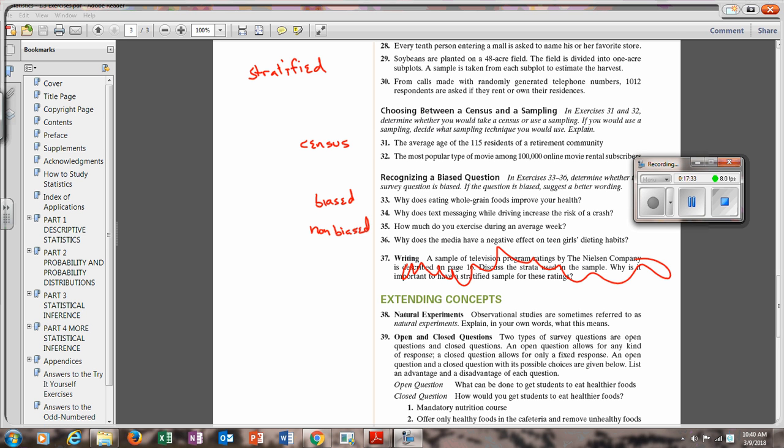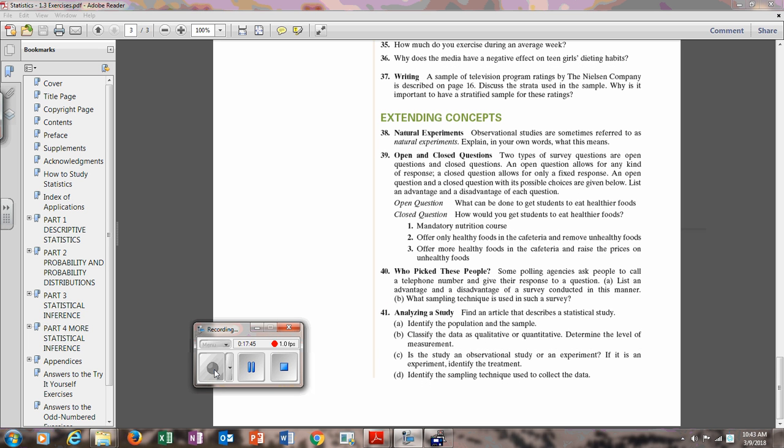Number 39, open and closed questions. Looking at 39, it says list an advantage and a disadvantage of each question. For an open question, one of the advantages would be that we could get a lot more responses, and then we could check and see how many people's responses are similar to each other's.